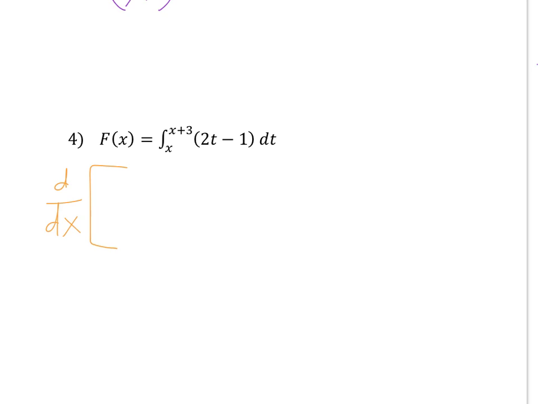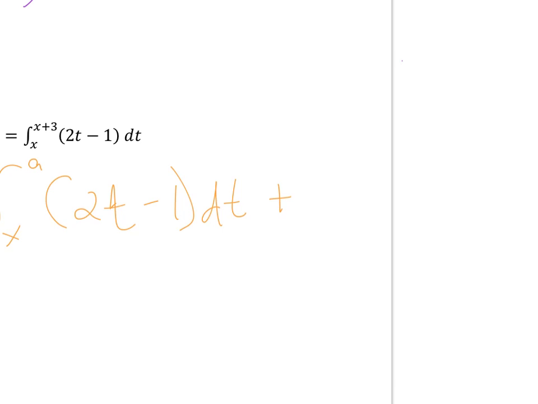And then what we can do is we can look at this from x to some value a, and then we are also going to look at this integral from that same value a to the final upper limit of integration, x plus 3.